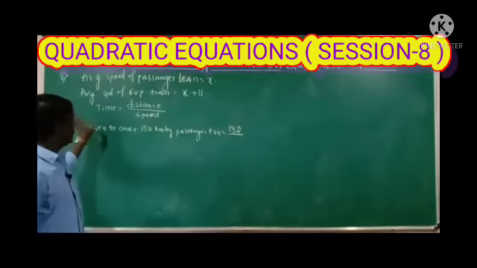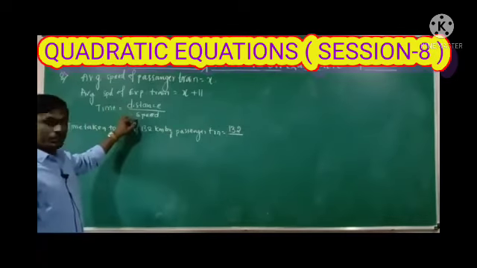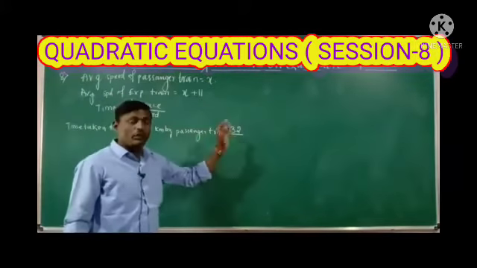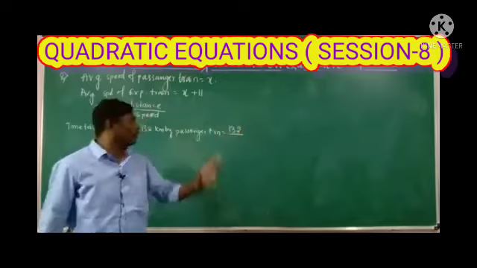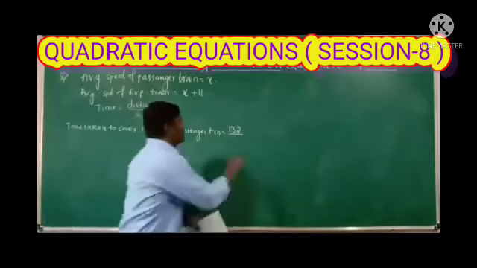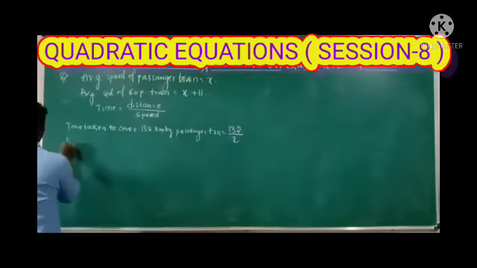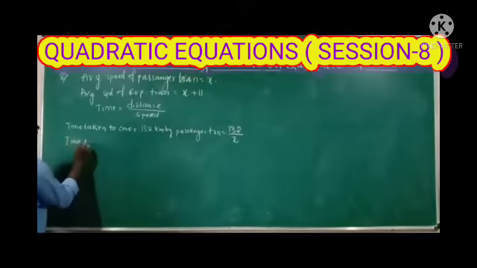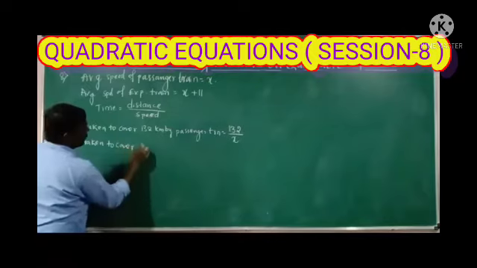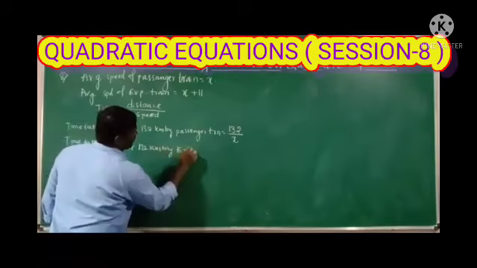We are finding here time, right? So time is equal to distance divided by speed. Distance is 132 kilometer between Mysore and Bangalore. The speed of the passenger train is x. So 132 by x. Next, time taken to cover 132 kilometer by express train.